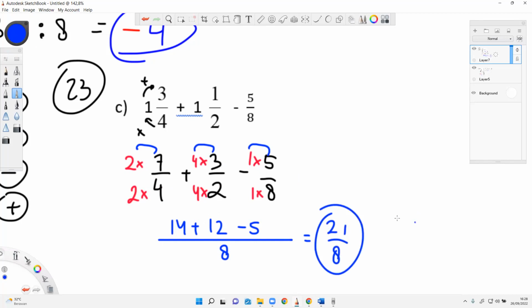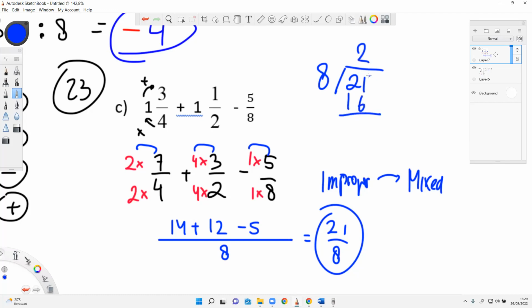But this is still an improper fraction. I want to change it into a mixed fraction. How do you do that? How do you convert improper to mixed? You just divide, usually by 8 here, so 21 divided by 8. The nearest is 3, no, cannot. 2, 16. And then subtract 21 by 16 is 5. So the whole number is 2.